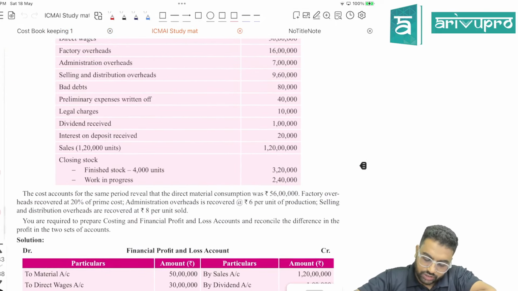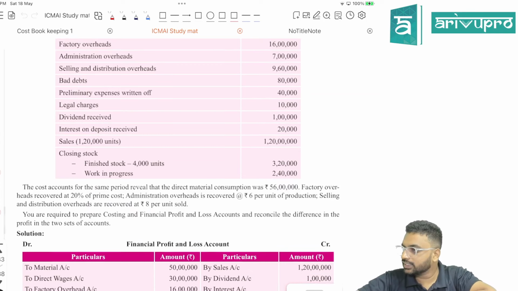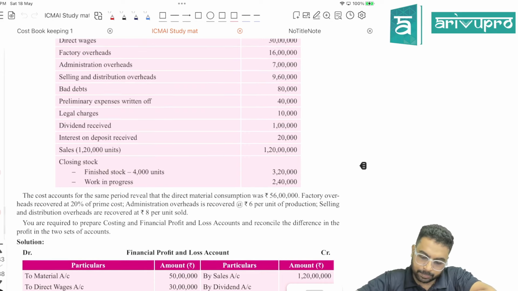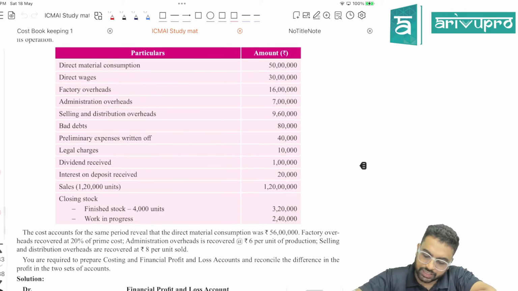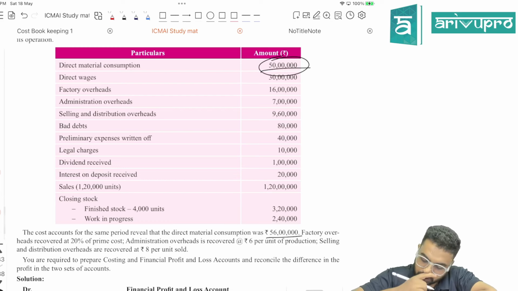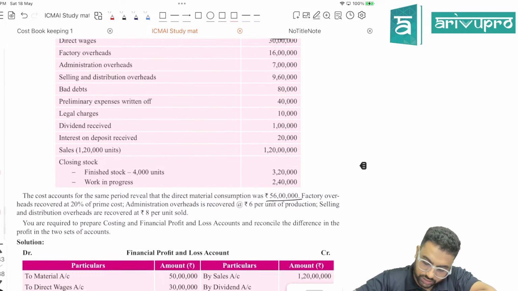Chalo. Illustration 10, people. Same as what we discussed, same way it is. But here, see here, material consumption also will come. Because here material consumption is 56 as per cost, as per finance it is 50.